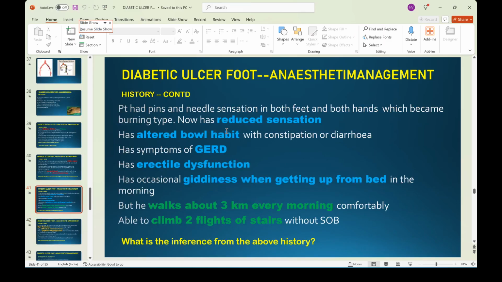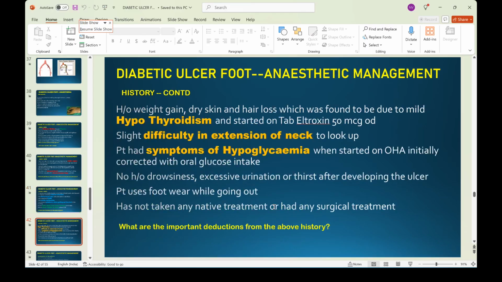Neuropathy is diagnosed by reduced sensation, altered bowel habit, gastroesophageal reflux, erectile dysfunction, giddiness when getting up, and effort tolerance is very, very important in these patients. And usually diabetic patients also have thyroid dysfunction, either hypothyroidism or hyperthyroidism. So it is better to ask for features of thyroid dysfunction also.